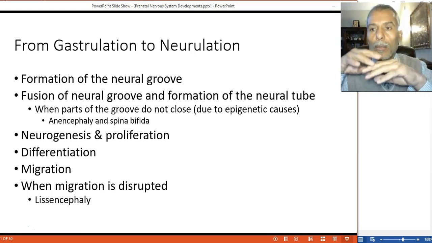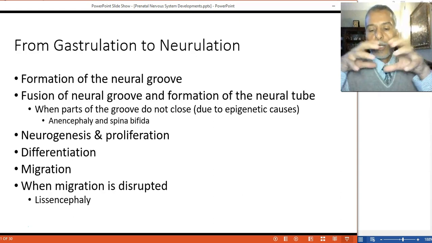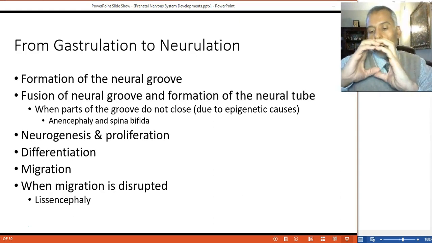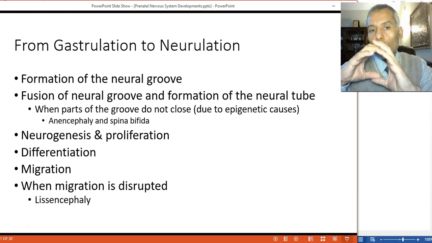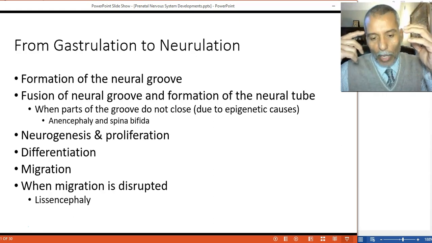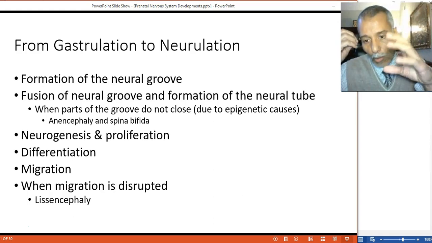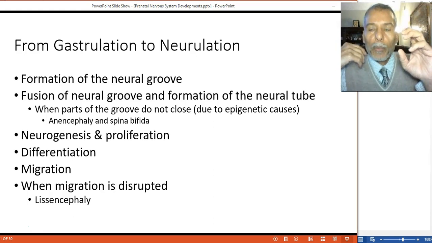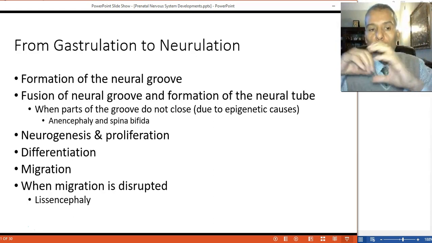Migration takes three different forms. One way is that some of the cells inside the neural tube, first you need to build structures that are close inside of the neural tube, like the hippocampus, the hypothalamus. These are all parts of the brainstem. These need to be there first, quickly.